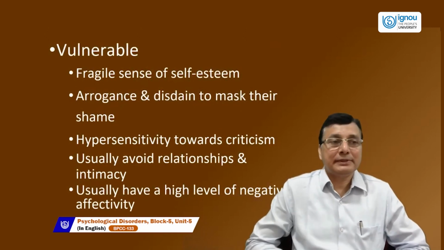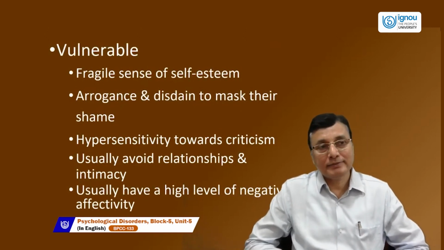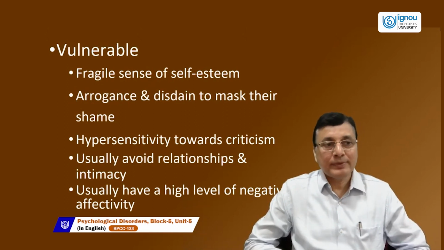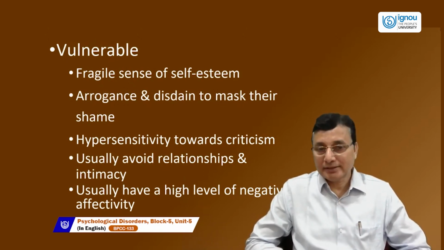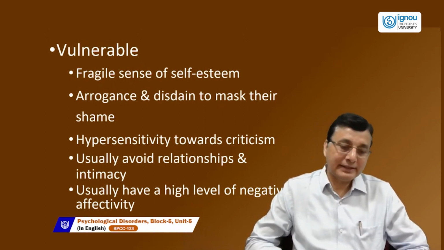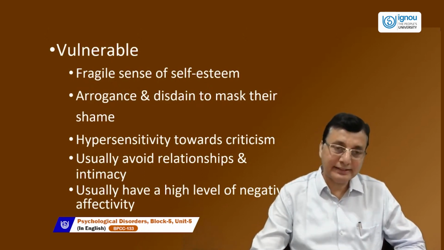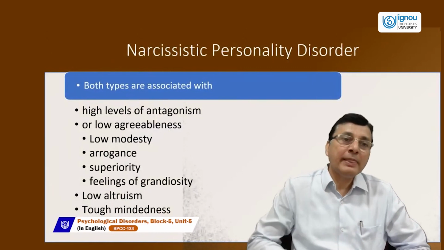Another type of narcissistic personality disorder is the vulnerable type. Here there is a fragile sense of self-esteem, arrogance, and disdain to mask their shame, hypersensitivity towards criticism; they usually avoid relationships and intimacy, and usually have a high level of negative affectivity. So mood will basically be negative.